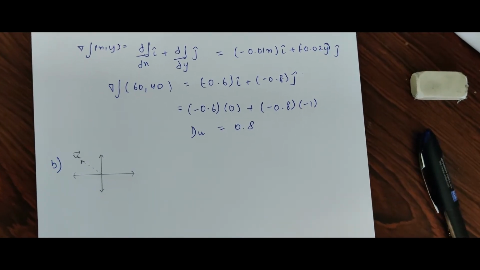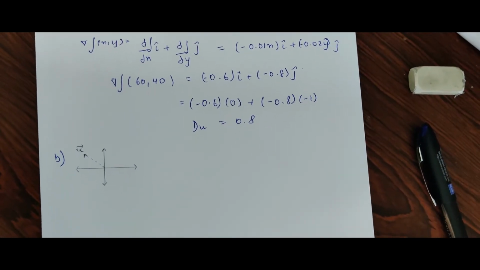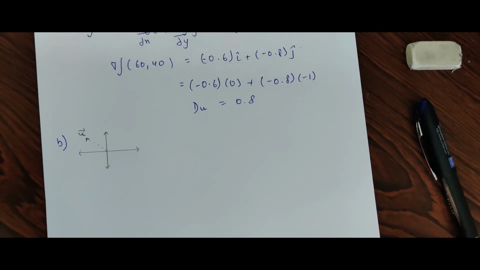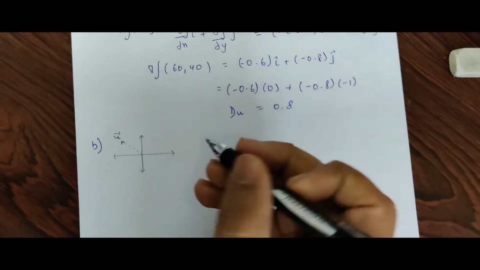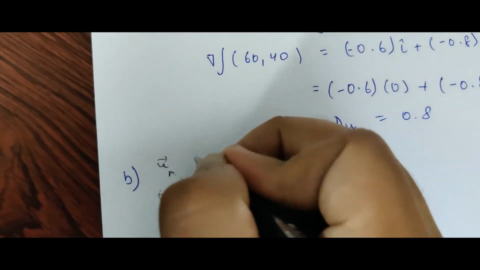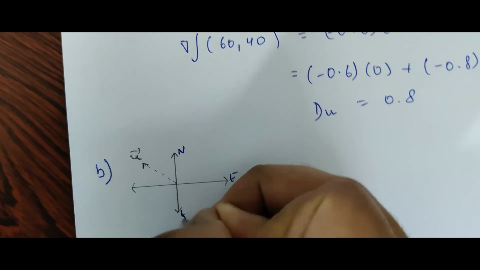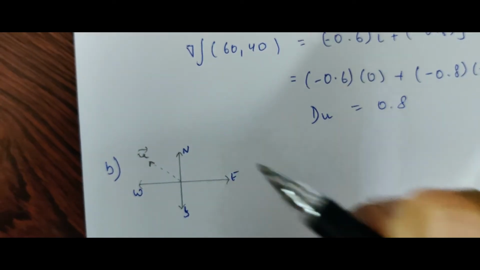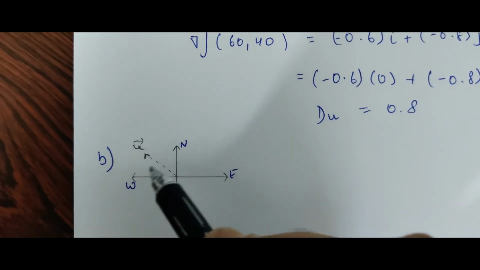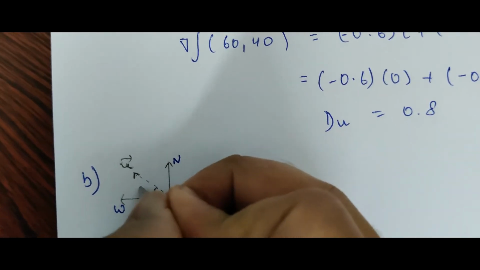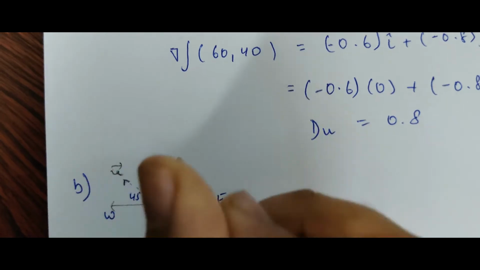The second part of the question asks, if you walk northwest, will you start to ascend or descend, and at what rate? Taking north, east, south, west, northwest is directly in between north and west, so it will be exactly at 45 degrees from both axes.